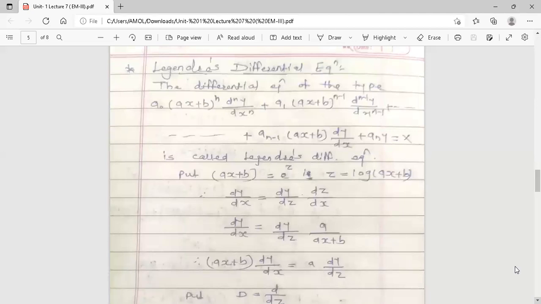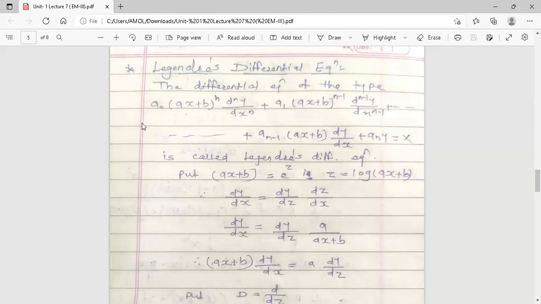The differential equation of the type a naught into (ax plus b) to the power n into d^n y by dx^n plus a1 into (ax plus b) to the power n minus 1 into d^(n-1) y by dx^(n-1) plus up to an y is equal to X is called Legendre's differential equation.